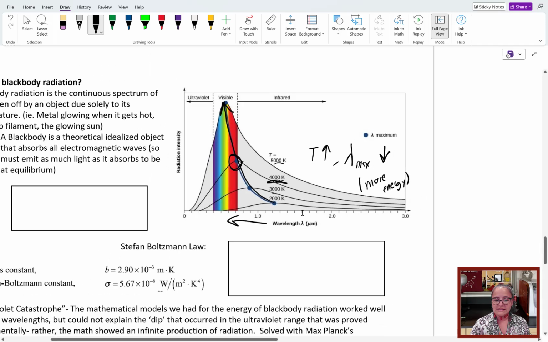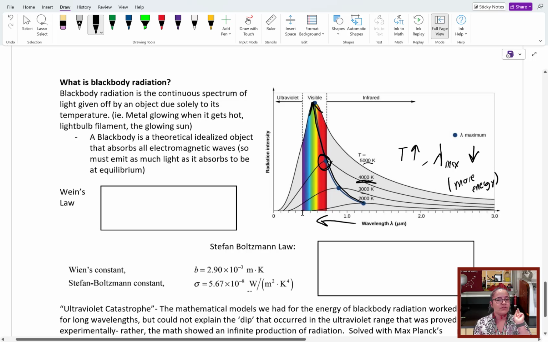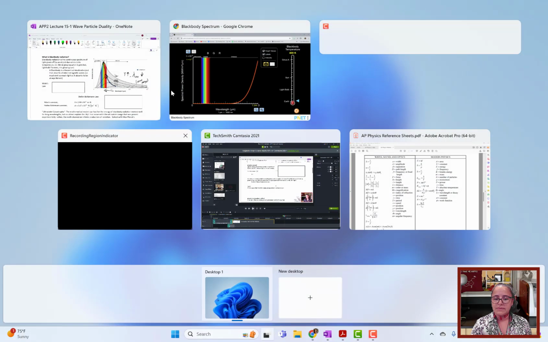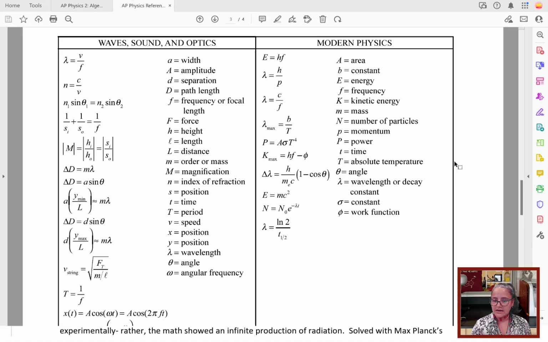Now, this has been studied and we've come up with two equations that can describe this blackbody radiation. The first one we're going to talk about is Wien's law. These are both on your reference sheet in the modern physics. Wien's law is this one right here, and then we'll be talking about the one right under that as well.